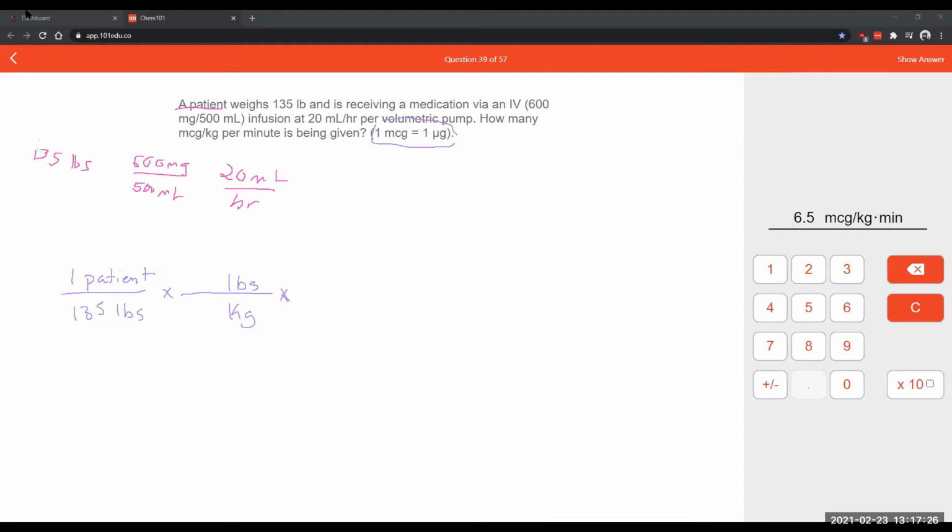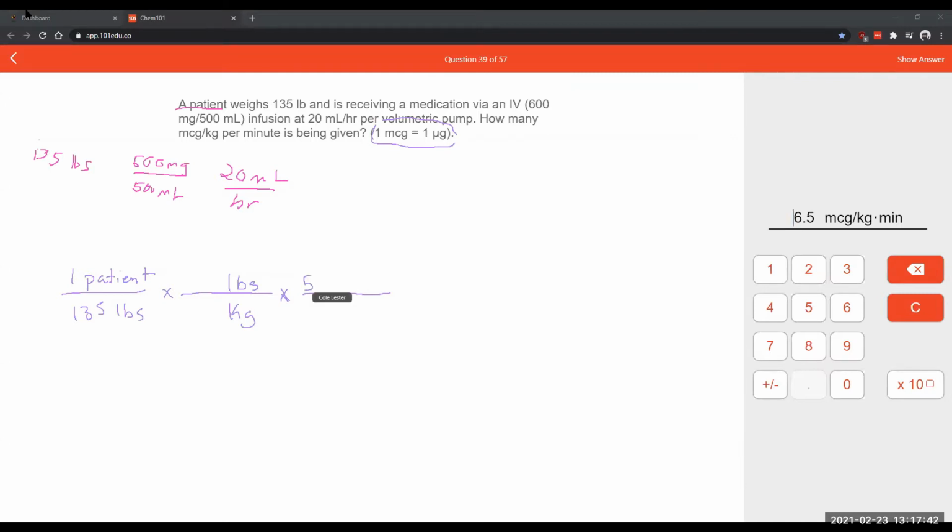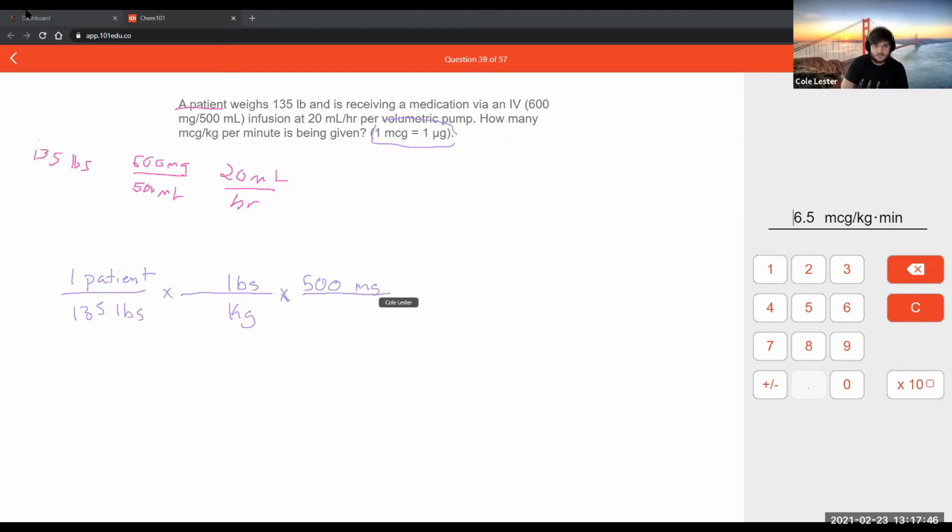And then it also gives you 600 milligrams per 500 milliliters. Okay. So am I going to put that right away? Yeah, okay. I think that's how I did it. So 600 milligrams per 500 milliliters.